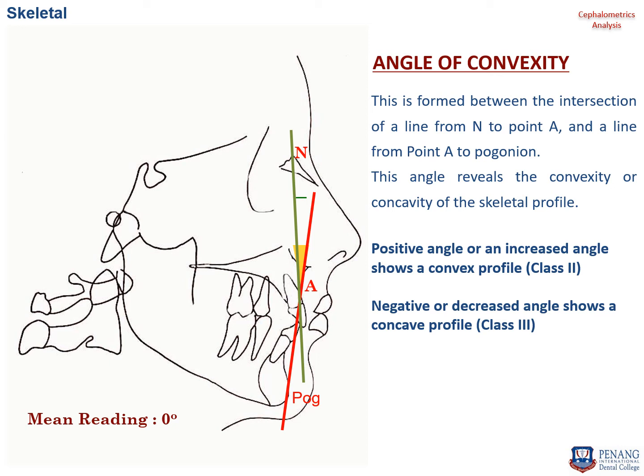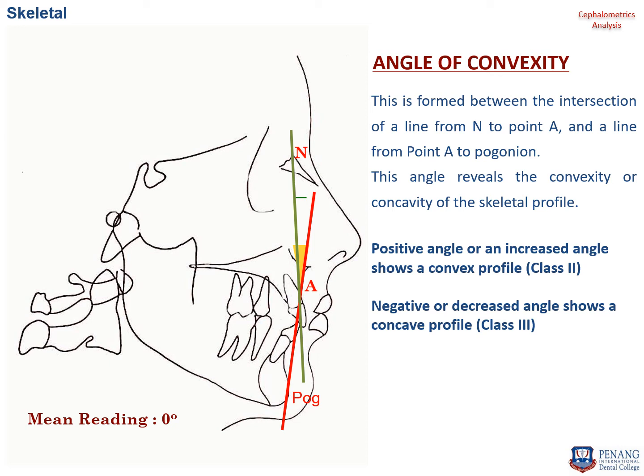And then you construct a line from point A to pogonion, that's for the mandibular part. The angle formed between these two intersecting lines will give you the angle of convexity. It can be a positive angle or an increased angle, and it is seen as a convex profile or class 2.